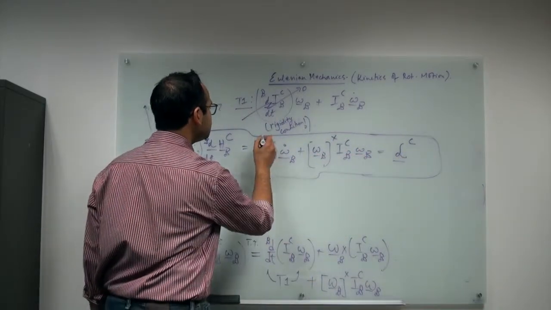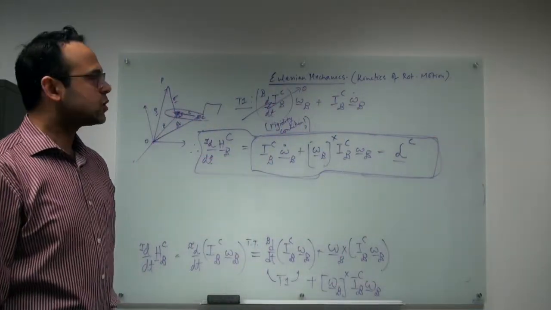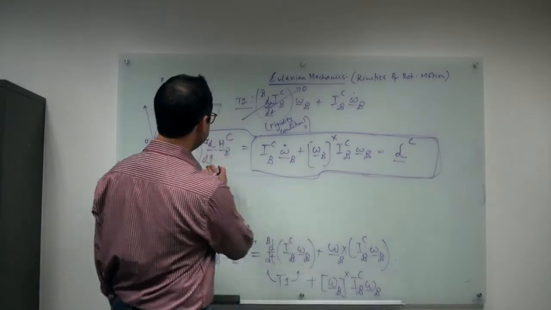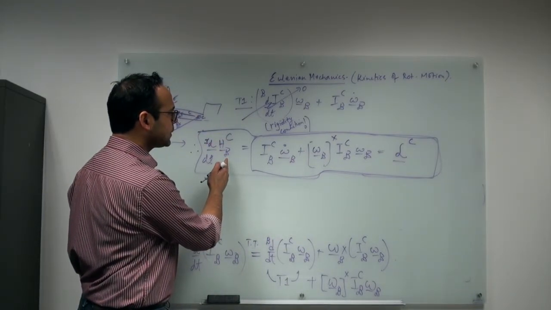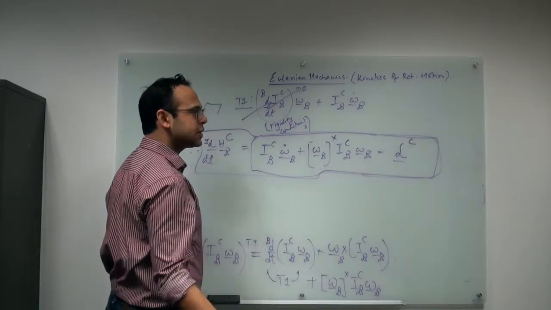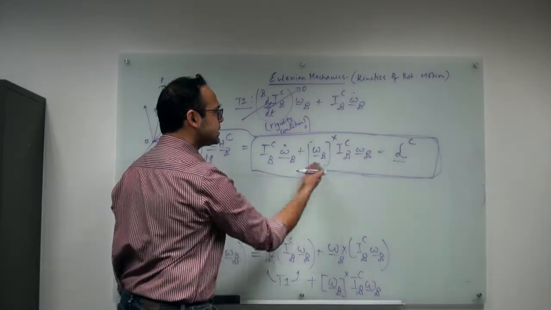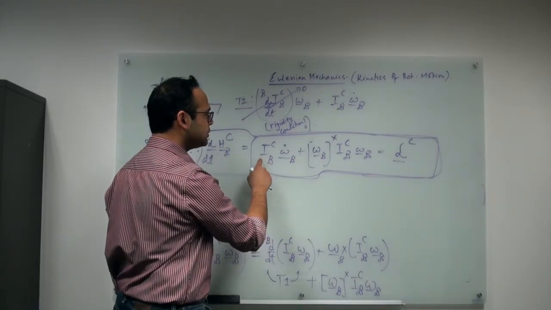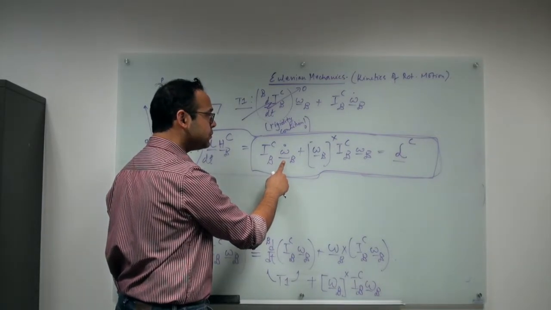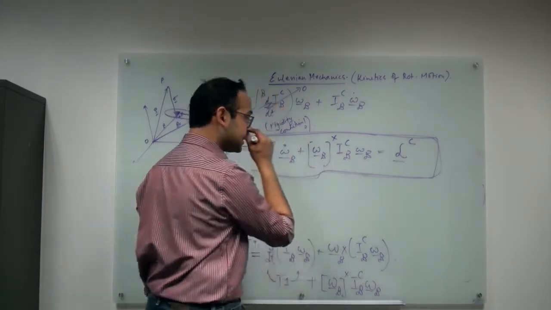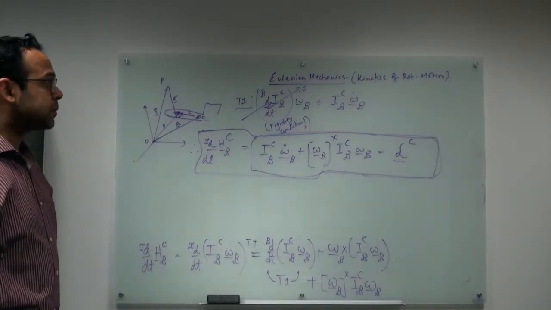So that's it. This is our kinetic equation for rotational motion. It says that the inertial rate of change of the angular momentum equals the torque or the external moment. And on the kinematic side, we have inertia times the rate of change of angular velocity, so this is angular acceleration, and then this compensation term that came about because of the transport theorem.